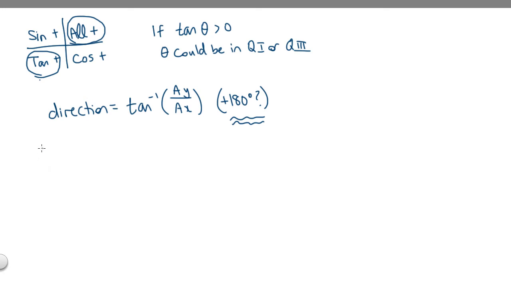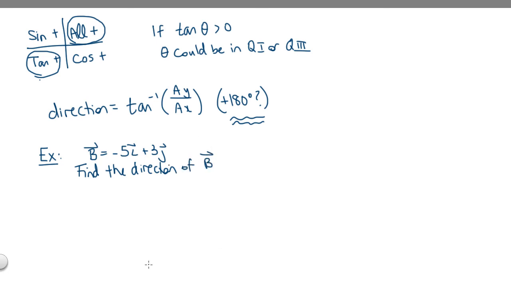With that whole explanation over with, let's focus on a typical example that we might have to do here. We're going to think back to our original vector b that we had at the beginning of the problem. It was minus 5i plus 3j, and we're going to find the direction of b.